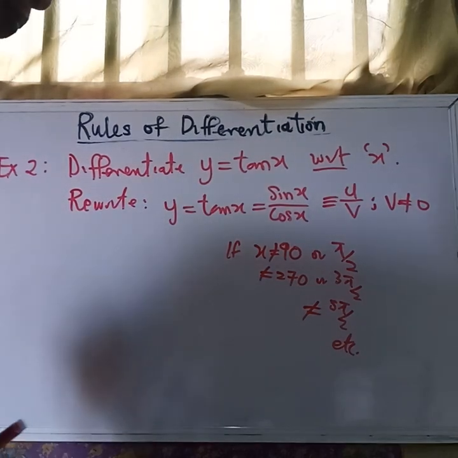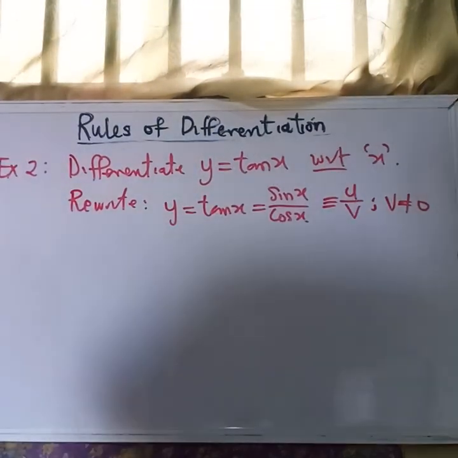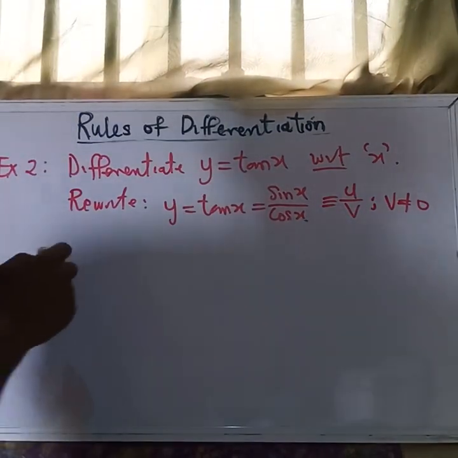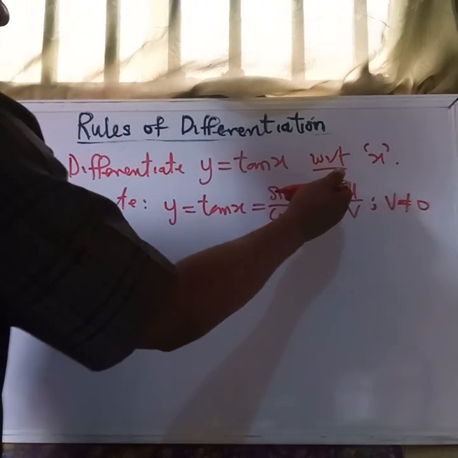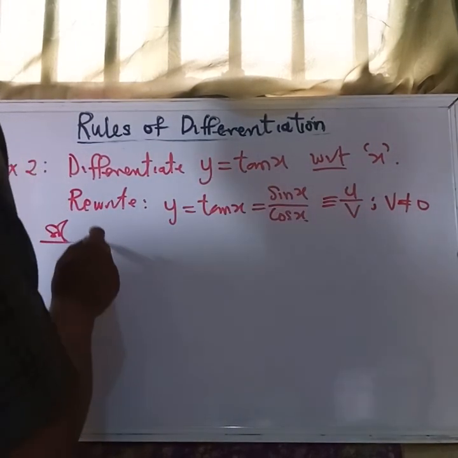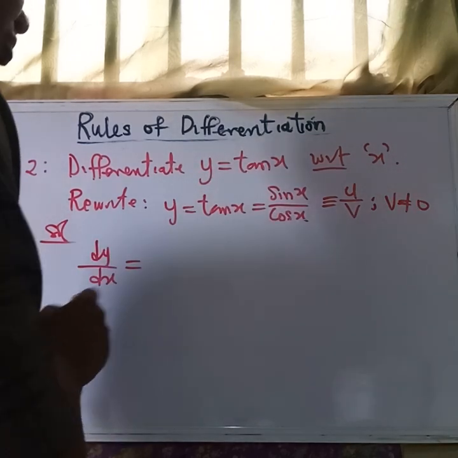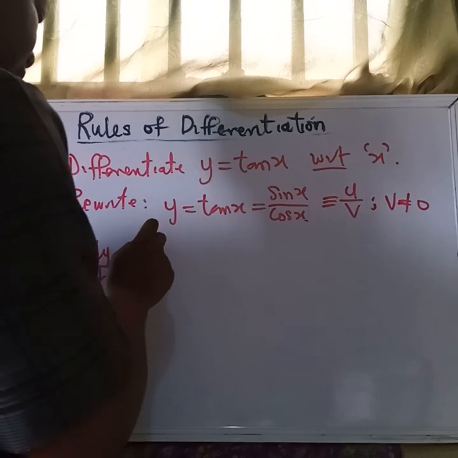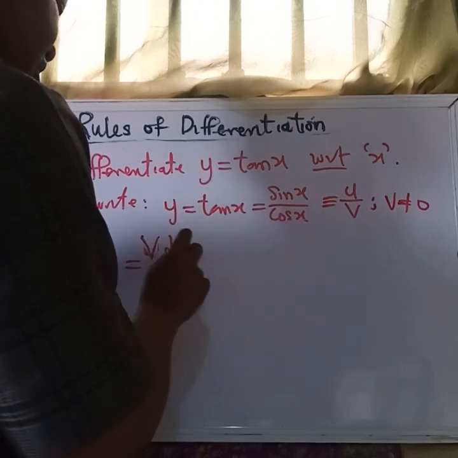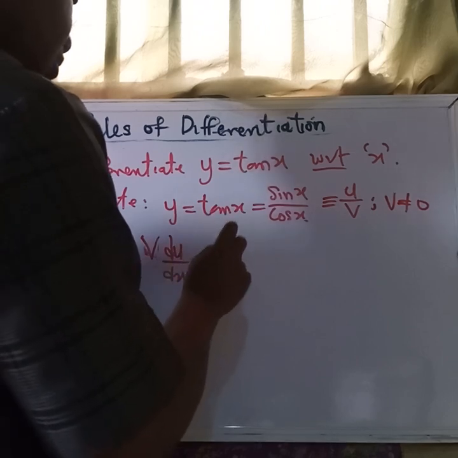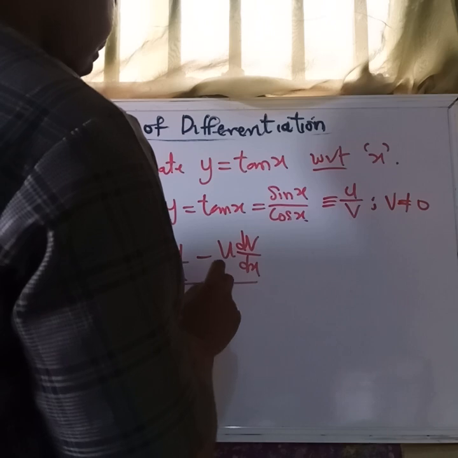Now we can find the slope of this. Since we are given that u is sine x and v is cos x, let's go straight to the formula. From the formula, we have v du dx minus u dv dx all over v squared.